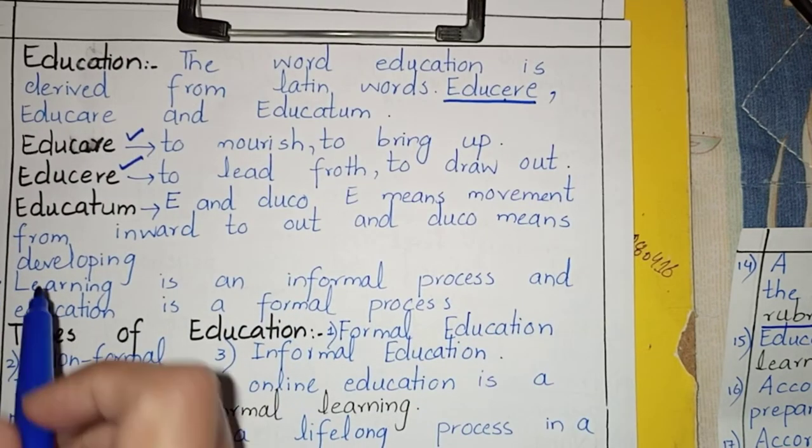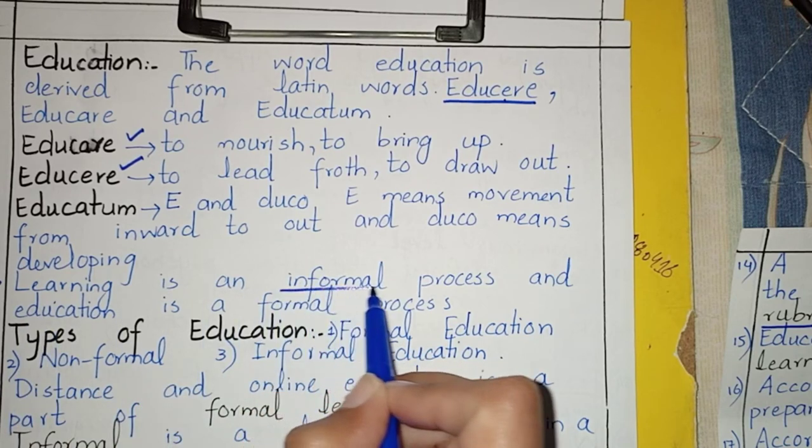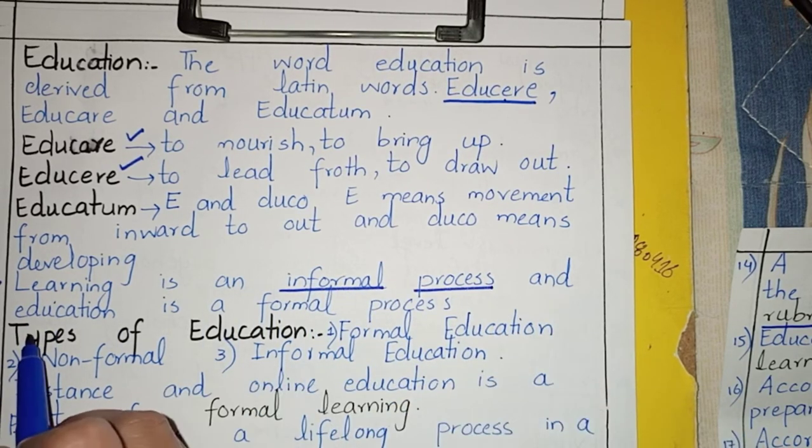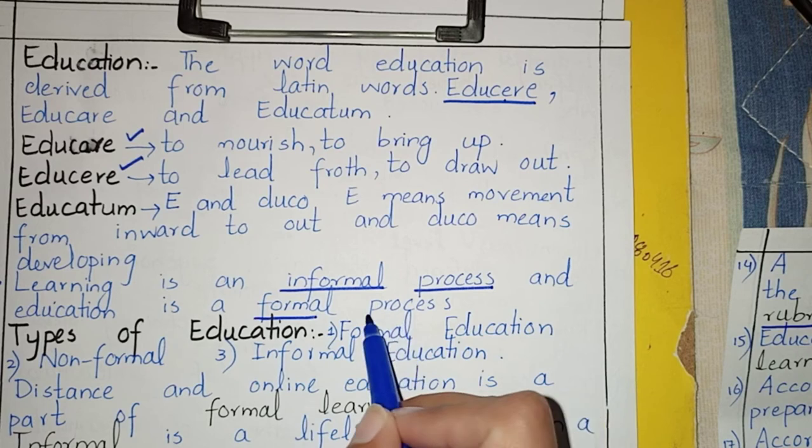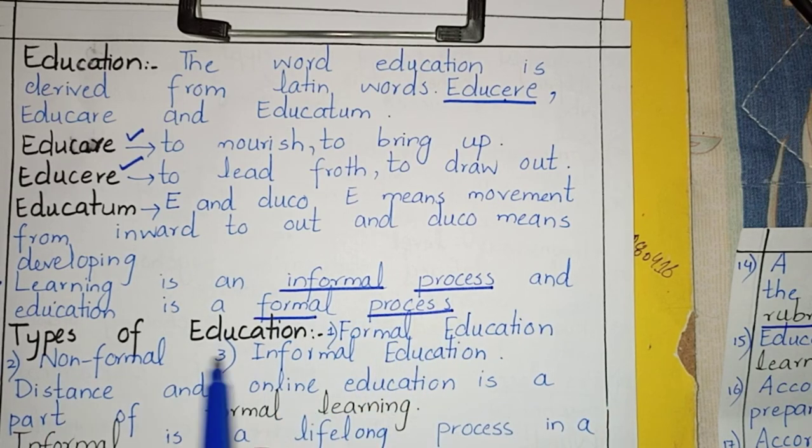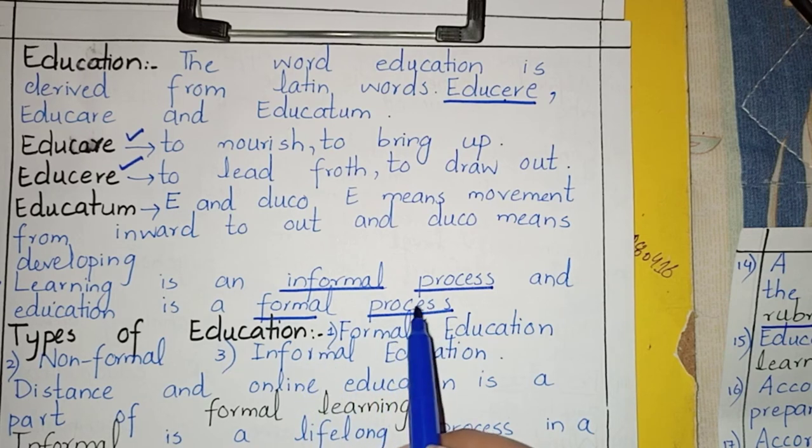Now, learning is an informal process and education is a formal process. Types of education. There are three types of education: formal education, non-formal education and informal education. Formal education is the education that takes place in the premises of schools, where a person learns basic and academic skills.